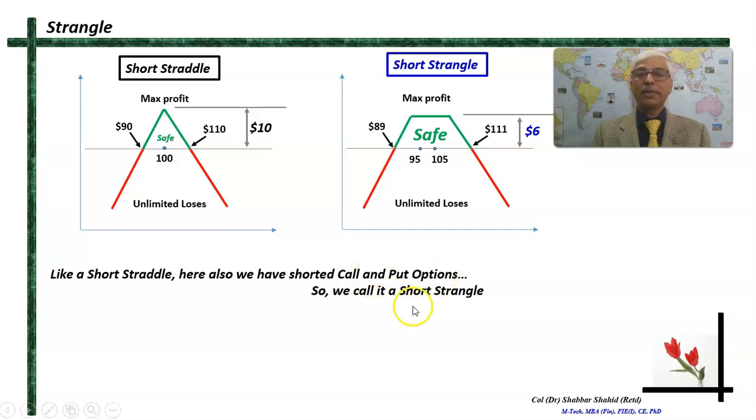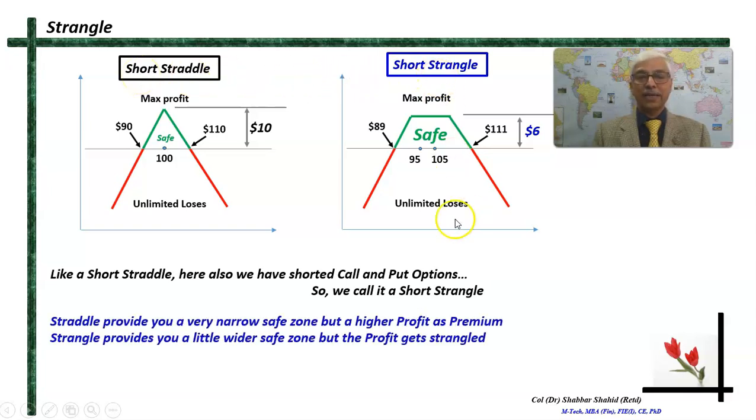Therefore, you will call it a short strangle. In a straddle, you had a very narrow safe zone, but a higher profit as premium. In case of a strangle, you have got a little wider safe zone, but the profit is strangulated. I am repeating it, but it is necessary for you to understand the concept.